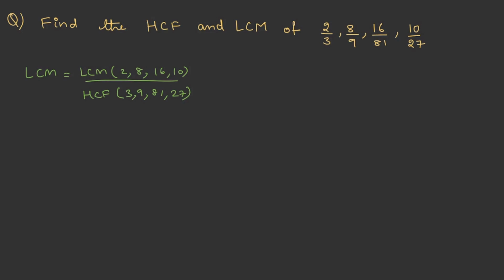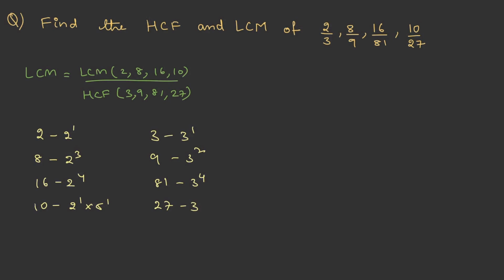Let's do the prime factorization for both. Let's do the numerator first. 2 can be written as 2 power 1, 8 is 2 power 3, 16 is 2 power 4 and 10 is 2 power 1 into 5 power 1. How about the denominators? 3 is 3 power 1, 9 is 3 square, 81 is 3 power 4 and 27 is 3 power 3.